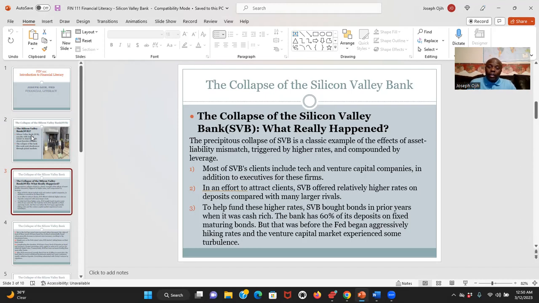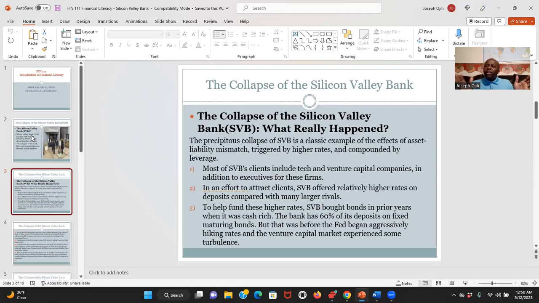The bank's main clients are tech startup companies, tech companies, and venture capital companies, in addition to the executives of these firms. So it is literally high net worth customers.